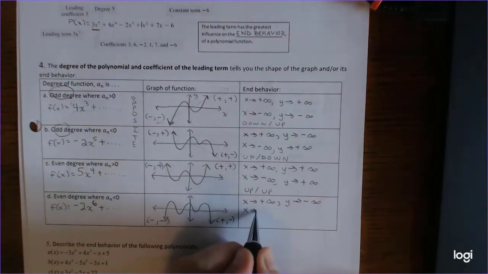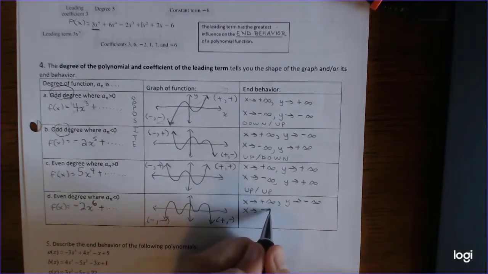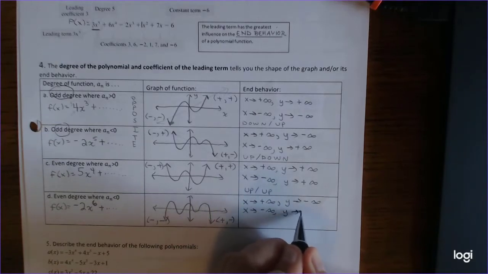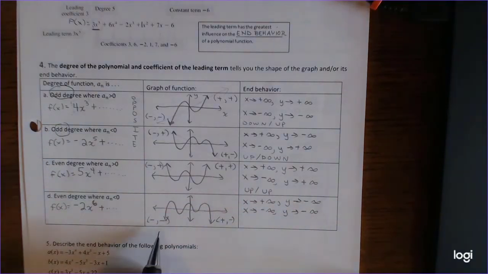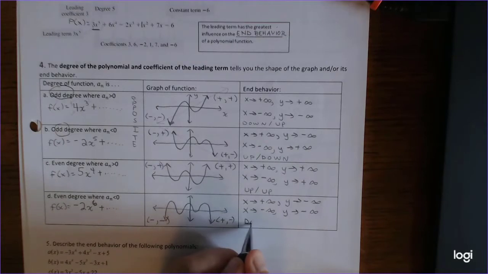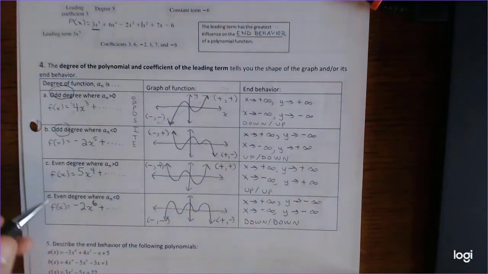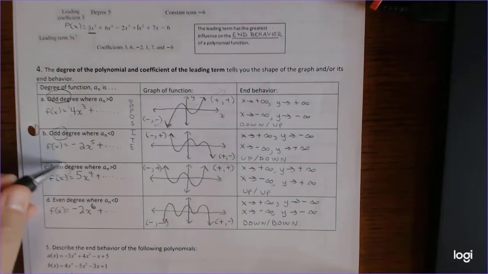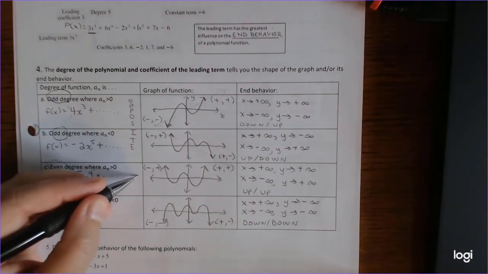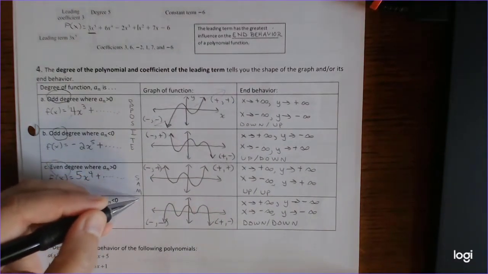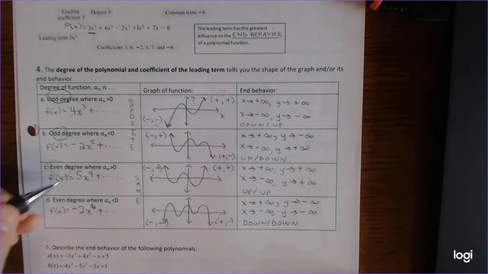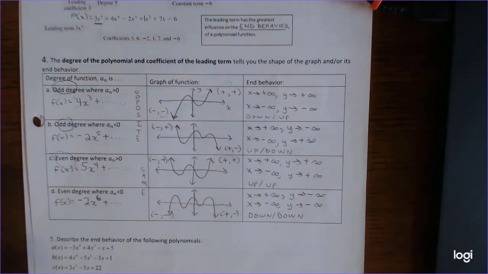And as x goes to the left, negative infinity, the y coordinates are also going towards negative infinity. So that's what we call down-down behavior. And you can see that if you have an even degree, the end behavior is the same. It's just the negative that flips it upside down.